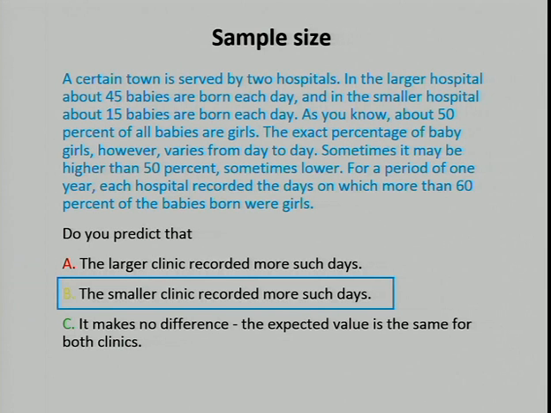Does anybody know what is going on in the background? Because fewer babies are born each day, you need less disparity to throw off the statistics. If you have a smaller sample size, you're more likely to have non-average, atypical results.